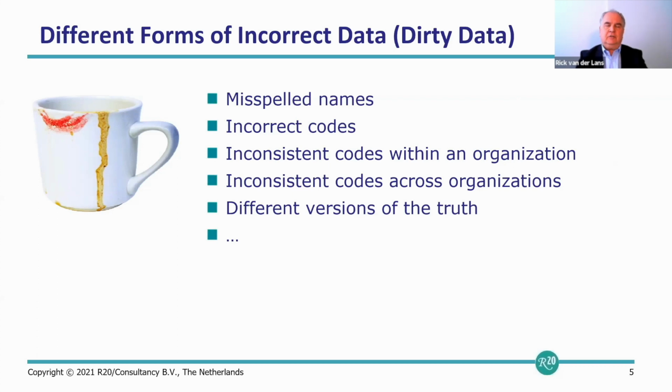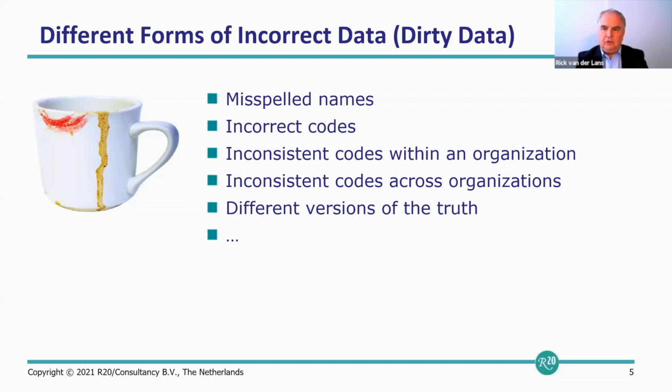So this is a clear example of incorrect data, but also incorrect codes, right? For example, using 5 different codes to identify the gender female in a system. It's horrible if we have those situations in our systems, because if you want to do reporting on that, you first have to get rid of all these inconsistent codes in your systems.